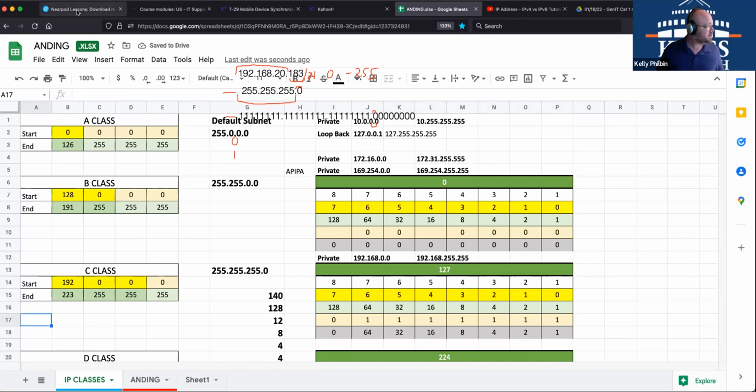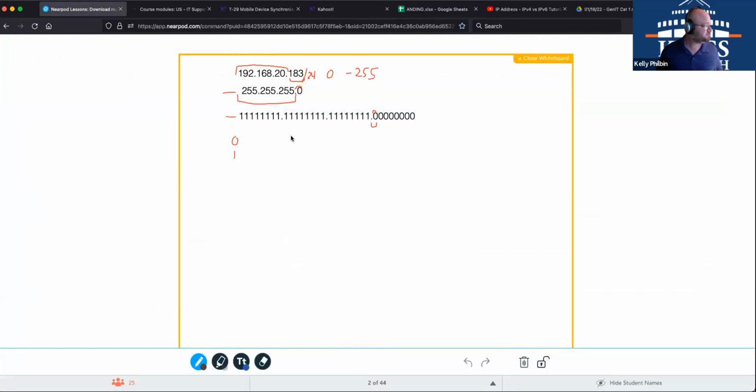So go back to our nearpod. Yeah, it's still lined up. So this network would be 0 to 127.